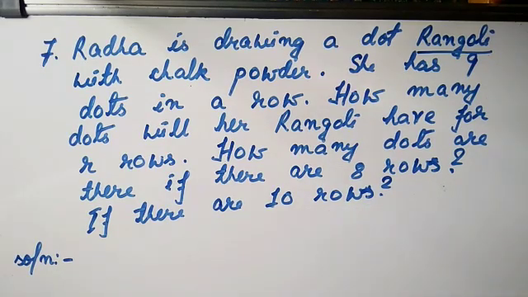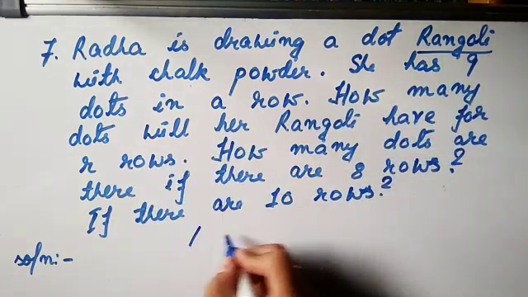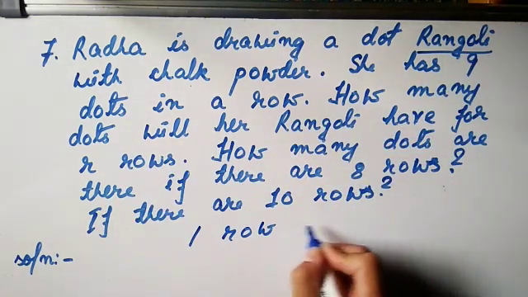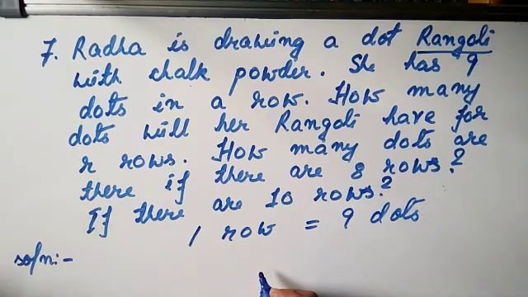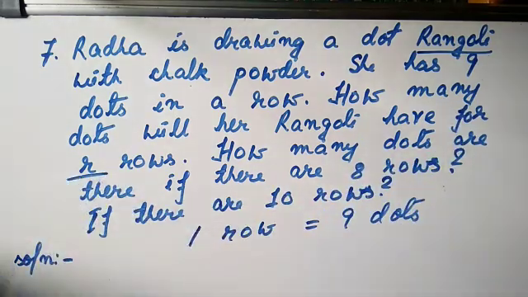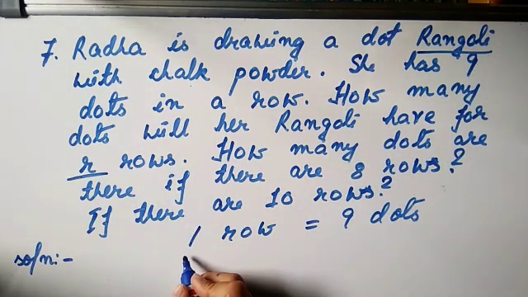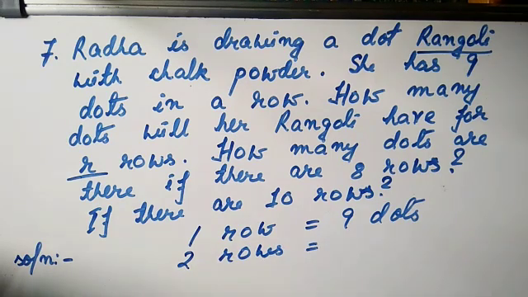In the question, it says that in our friend Radha's rangoli, in one row, there are how many dots? 9 dots. Right? And the question asks us to find for r rows. So think, if there are, let's say, 2 rows, how many dots will be there in 2 rows? It is very simple, right?